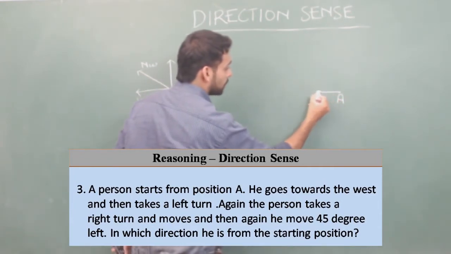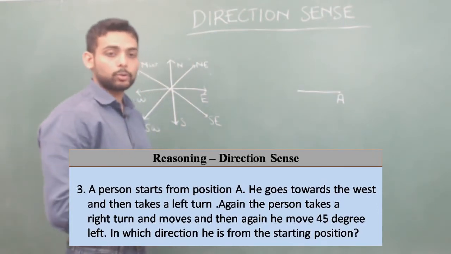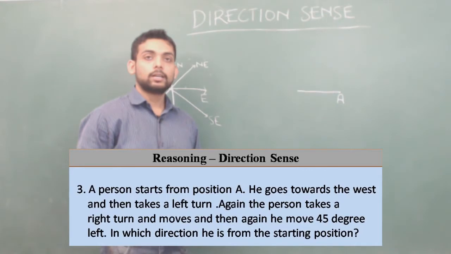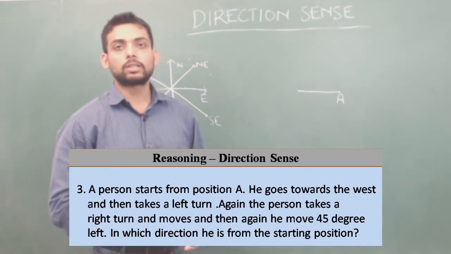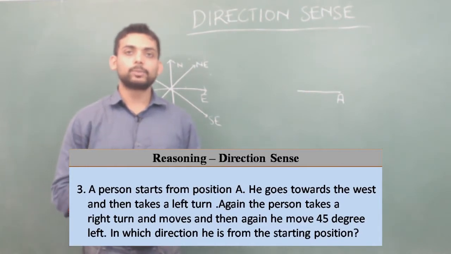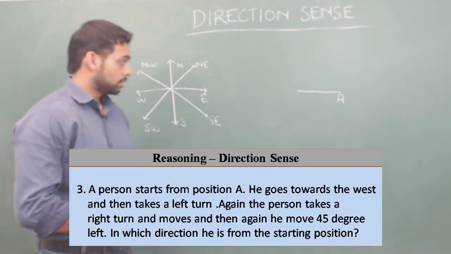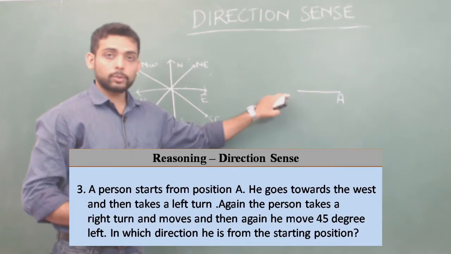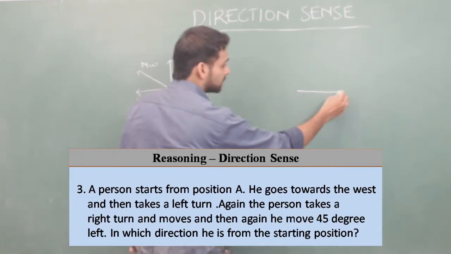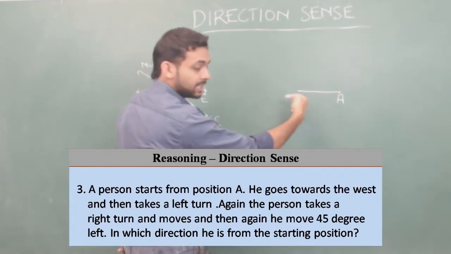I move towards the west. And then he takes a left turn. So now you see your judgment of both types of directions is coming into test: east, west, north, south, as well as left, right. Okay. So he moves to the west and then takes a left turn. So if a person is moving this side, he is facing this way.